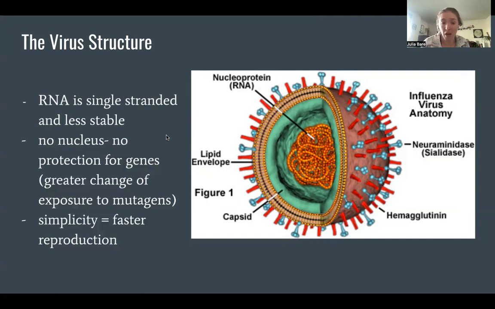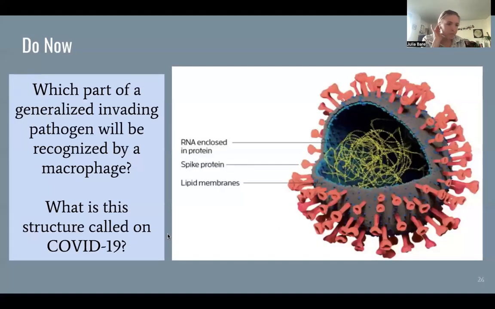RNA is also single-stranded, which means that it is less stable and more susceptible to mutagens, being things that cause mutations. Its simplicity, its short sequence, also means that it is much faster at reproduction and making more viruses. So this rapid rate of reproduction also causes it to mutate much quicker.